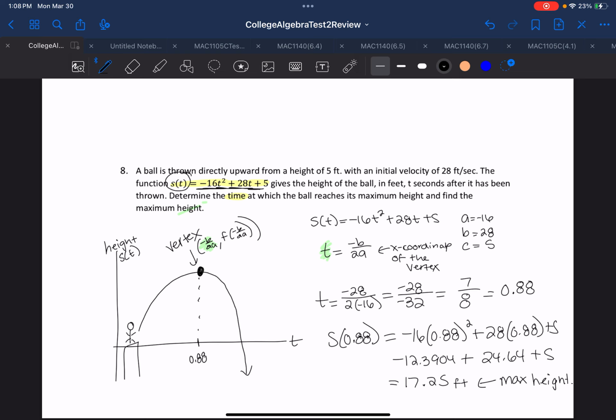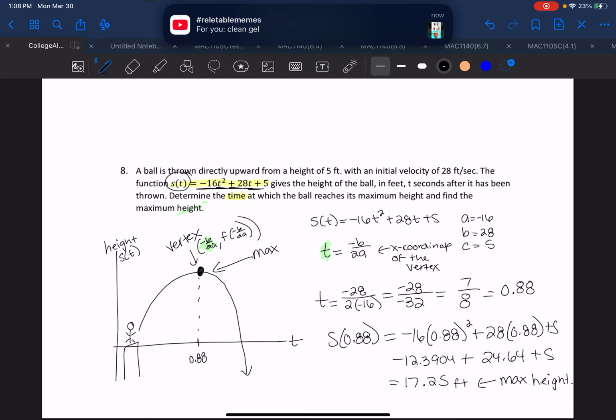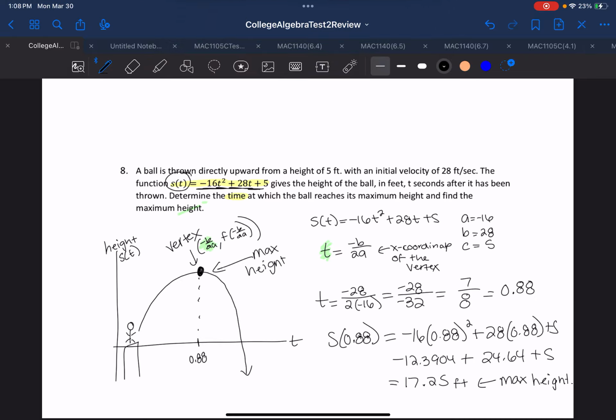And so we said that to find the maximum height, or even the time that gives the maximum height, we had to find the vertex of this quadratic function, because that is where we get our maximum height, or the maximum value for that function, which in this case would be the height.